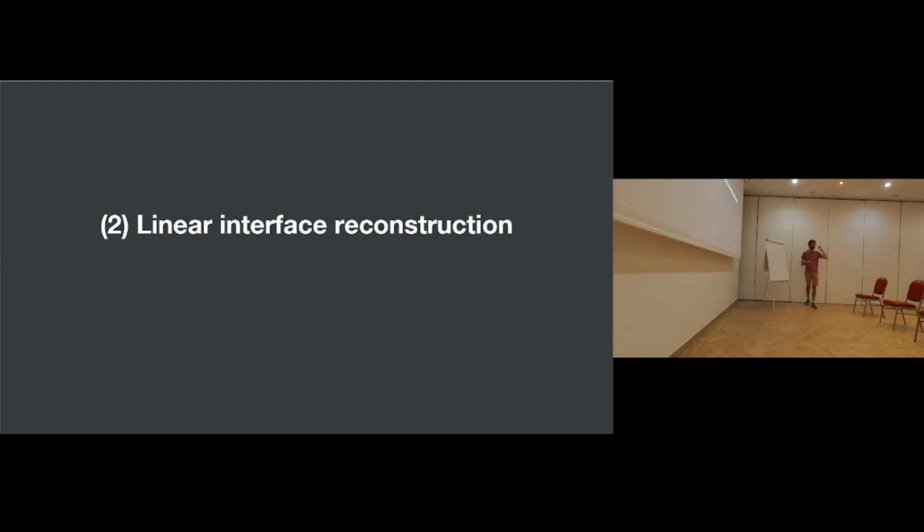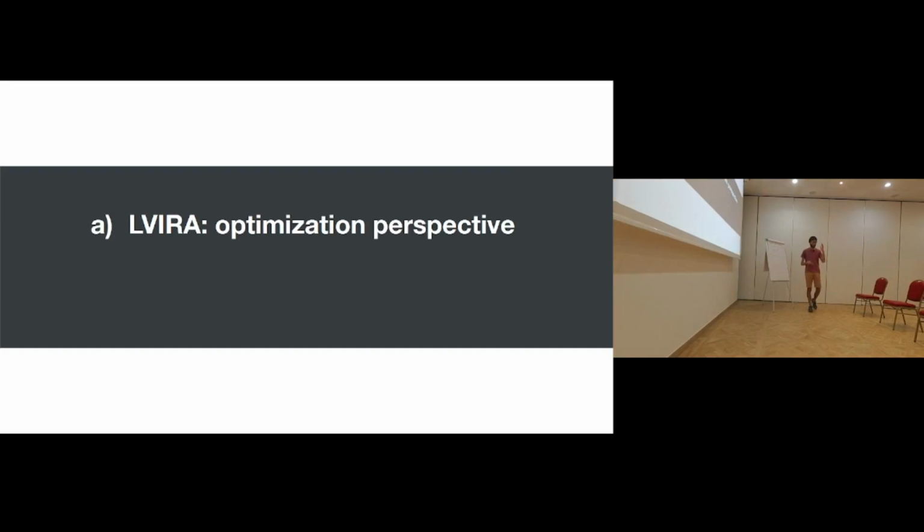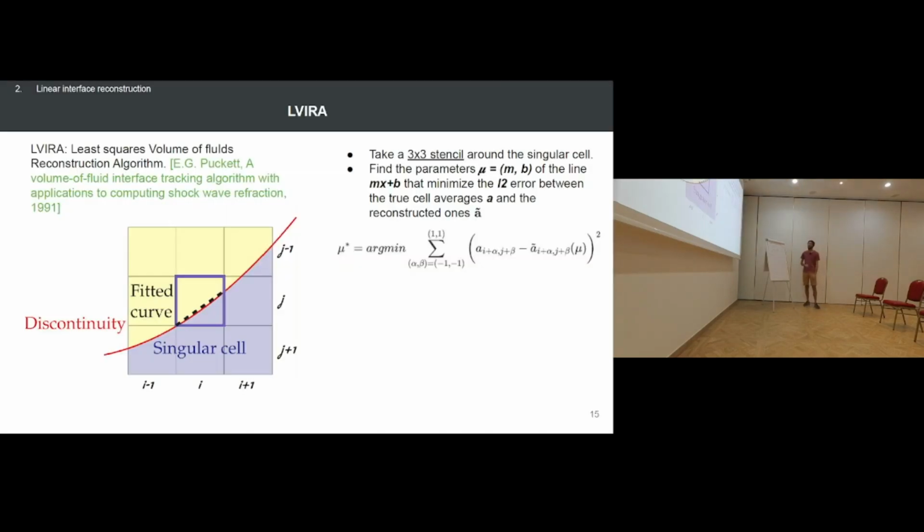So now we say that the curves we will reconstruct are lines. I mean, the curve that is behind can be something else, but we use lines to reconstruct. So this is our parameterized curve. The work that was done before says, okay, let's take the stencil around the central cell that is singular, that has some discontinuity.